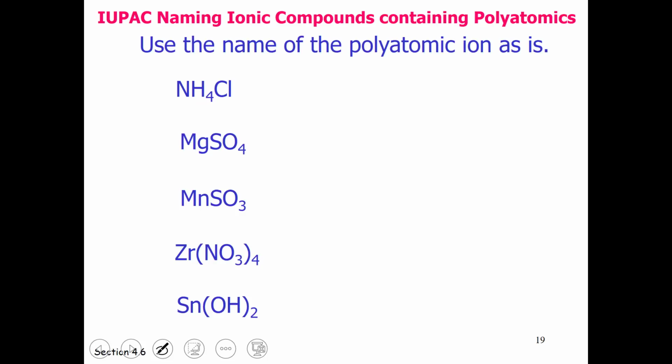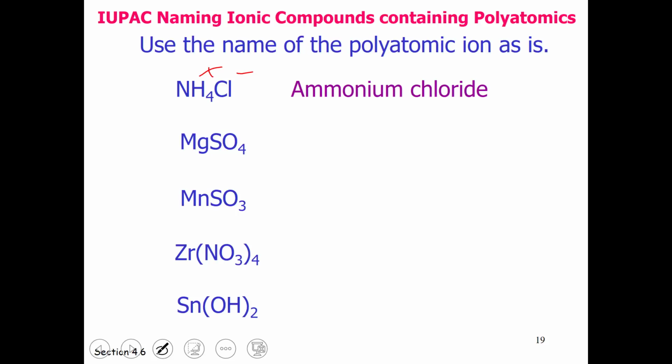What about some of the other polyatomic ions, if they are anions involved in our compounds? Well, some memorization is required. Hopefully, you recognize NH4 as a cation, Cl- as an anion, and that's just going to be ammonium chloride.